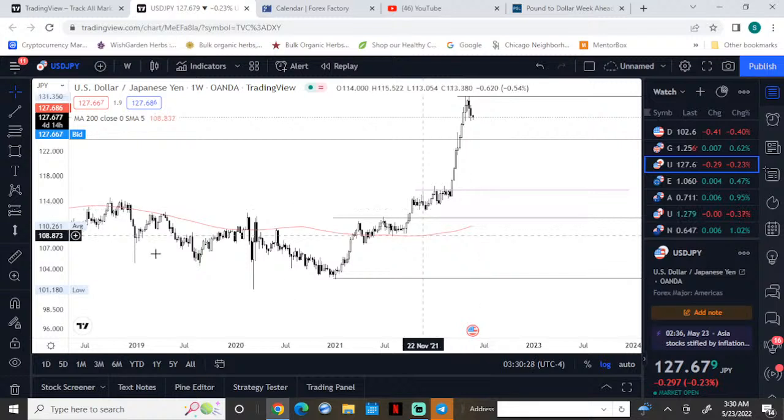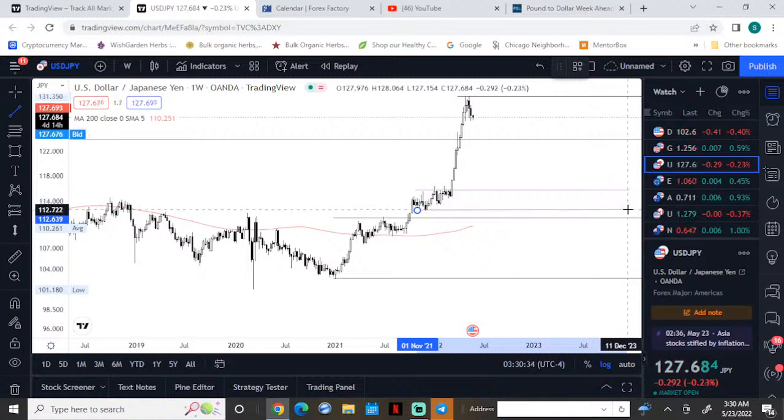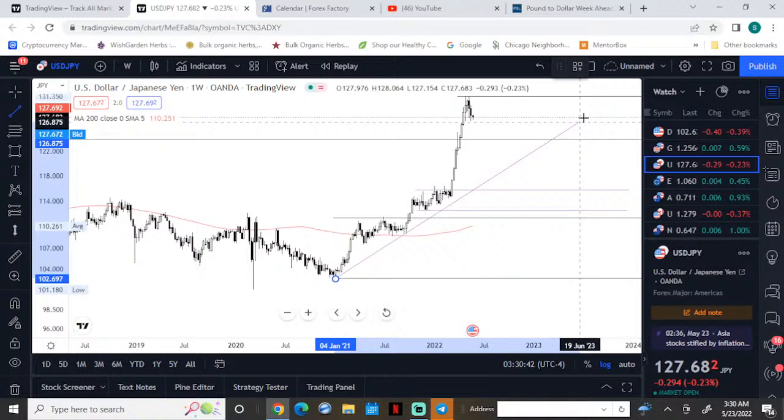I'm gonna mark it down here too. Do I have a weekly trend line? Don't want to put it there or there. I'm gonna put it here.